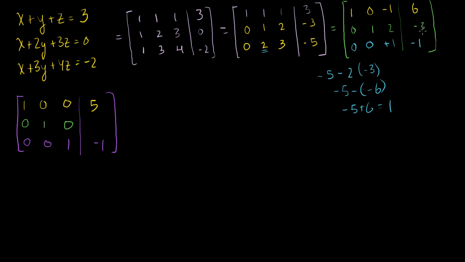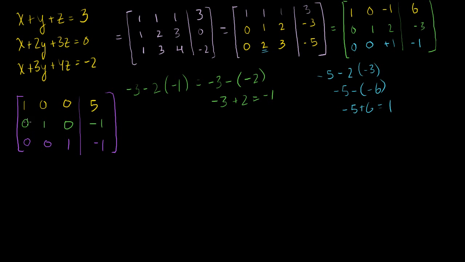Minus 3 minus 2 times negative 1. Let me write that down. Don't want to make a careless mistake. So what is that equal to? This is equal to minus 3 plus 2, which is equal to minus 1.